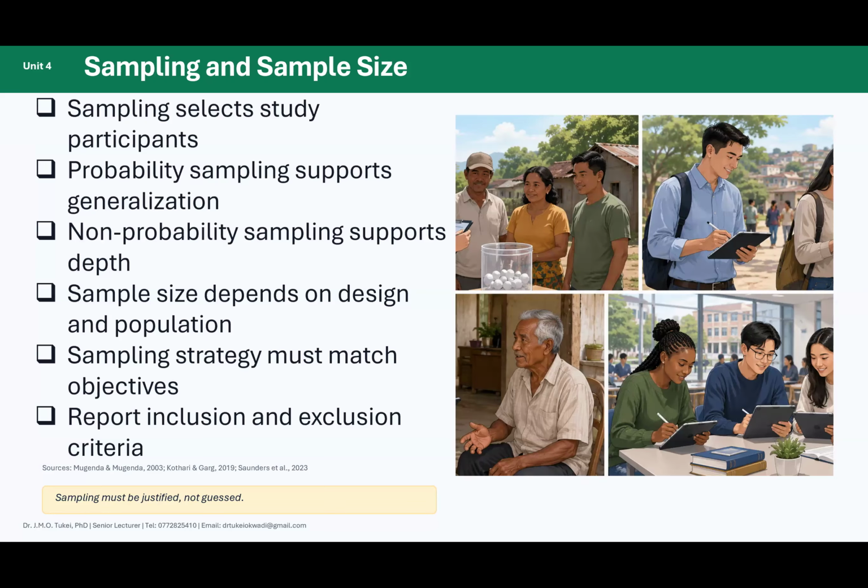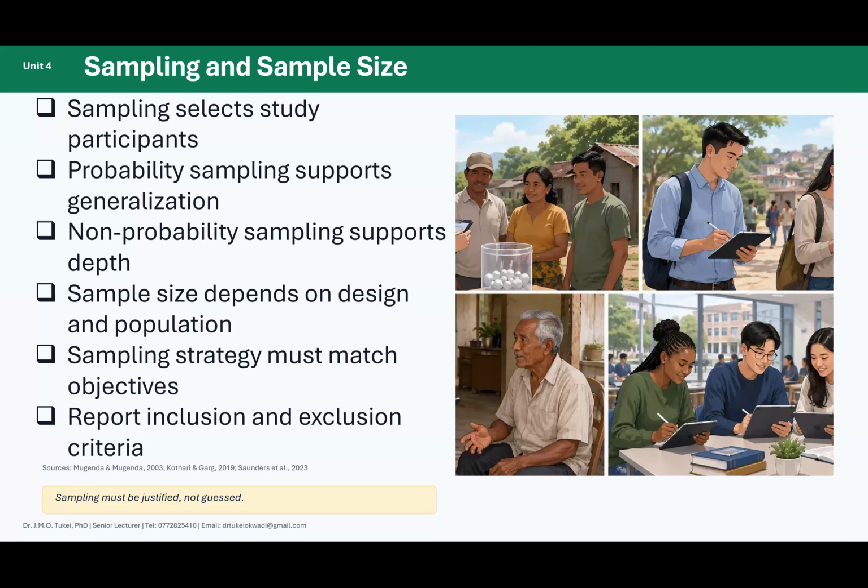They are commonly used when specialized participants, hidden populations, or in-depth insight are required. Sample size depends on the design, population, variability, level of precision, analytical needs, and available resources. It should never be guessed or copied without justification. I want to engage you, colleagues.